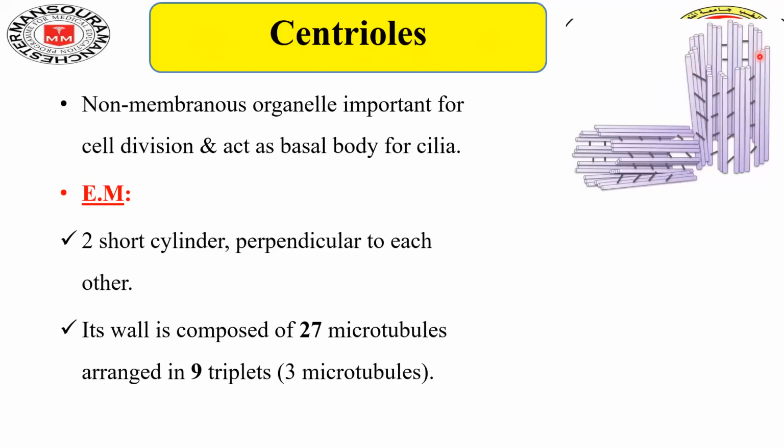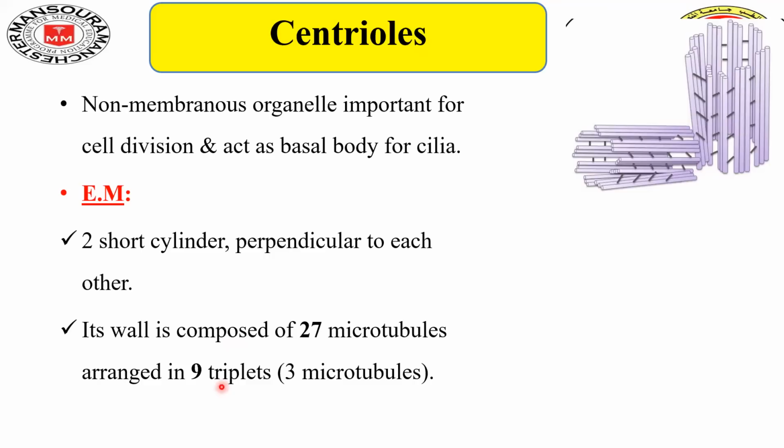These 27 microtubules are divided into 9 groups: 1, 2, 3, 4, 5, 6, 7, 8, 9. Each group is formed of 3 microtubules, so we can call them 9 triplets.